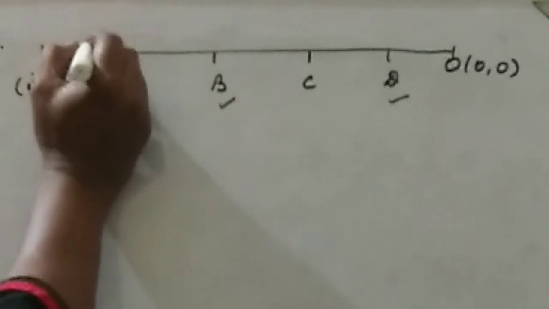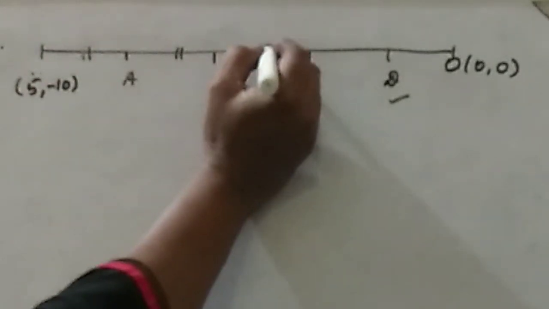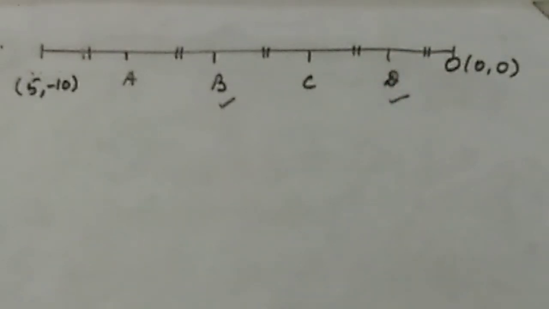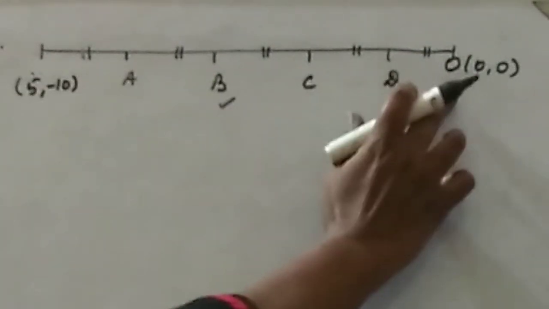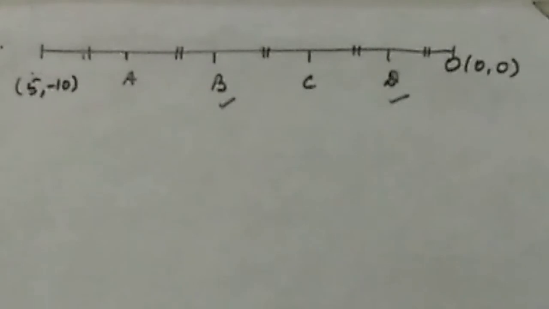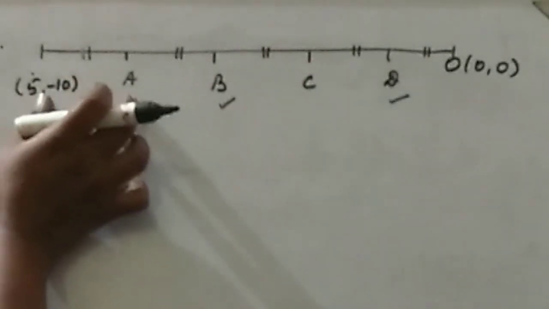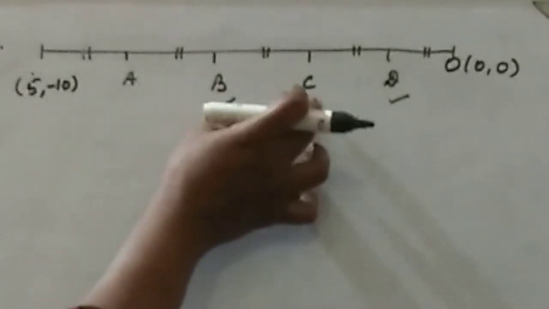Equal parts means all are equal to each other. Understood? Take it like a Dairy Milk or 5-Star chocolate bar, and divide it into 5 equal parts. This one is equal to this one, equal to this one.